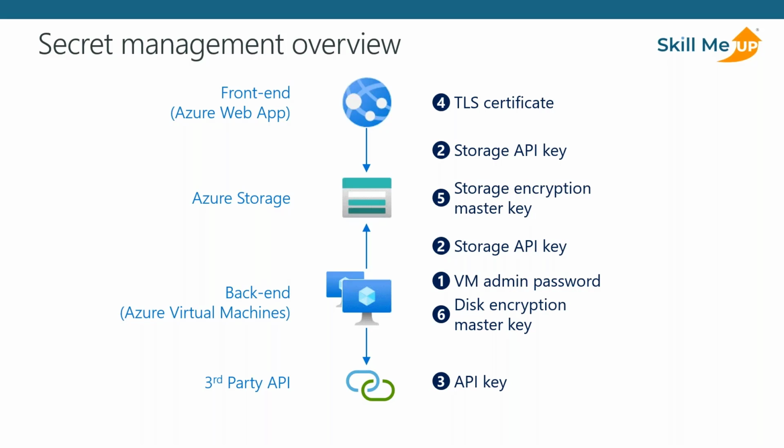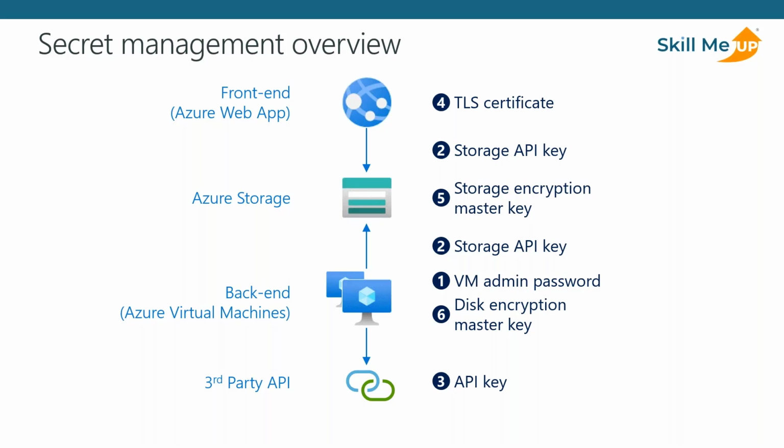Now, some of these we can actually even go a little bit further. This is a Key Vault view. So of course we want to enforce Key Vault at all places. But for example, Azure Storage supports a similar type of managed identity as the access policies of Key Vault.